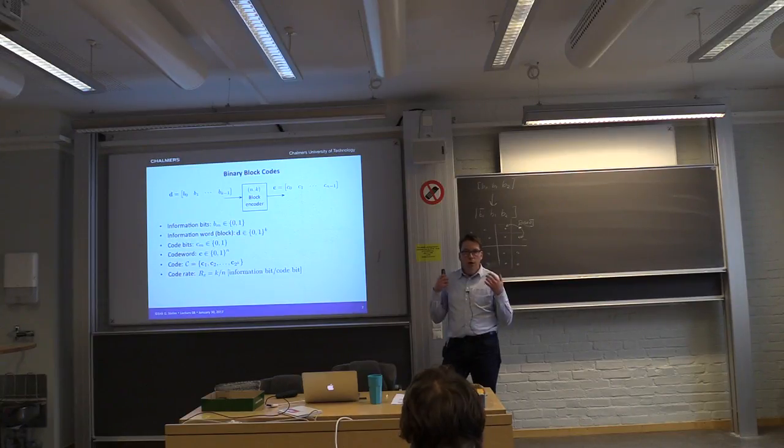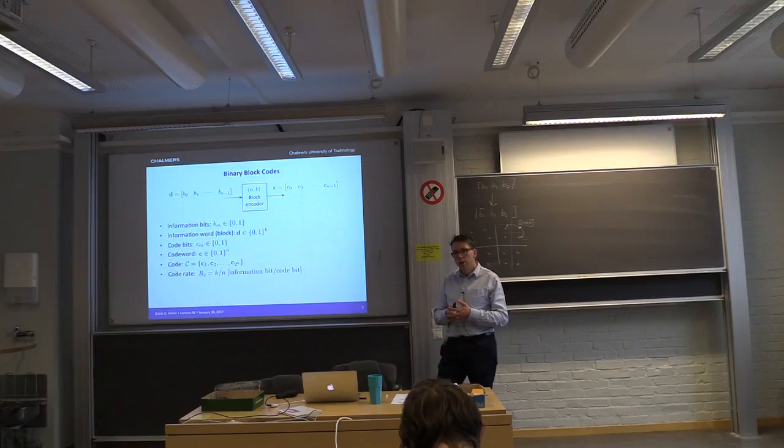Okay, and we will talk here in this course about binary codes, and the concept is quite simple, but in all its simplicity it could be quite complex how to construct codes. So we will take this in steps now.